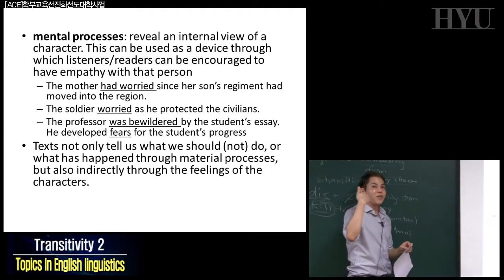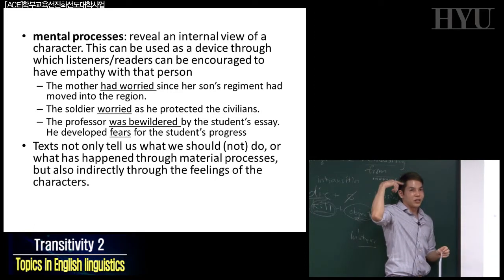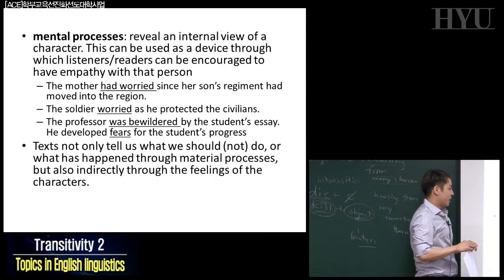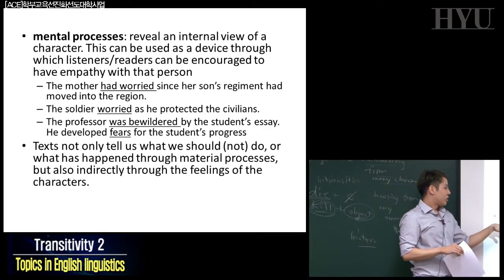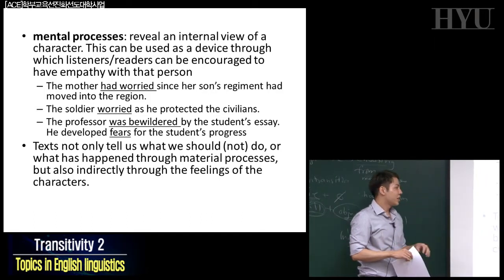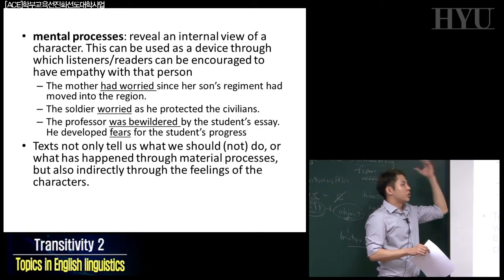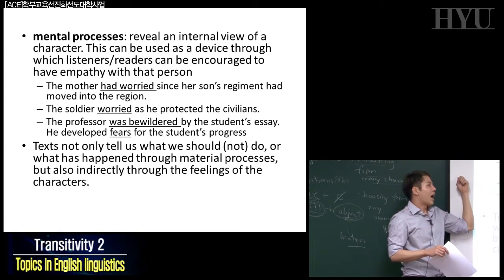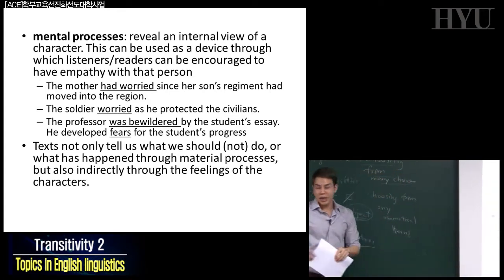By letting someone enter into the character's internal thinking process. And text not only tells us what we should or should not do or what has happened or not happened through material processes, but also indirectly tells us how to feel and how to take a certain stance on the issue by telling us what the characters are thinking. Okay?